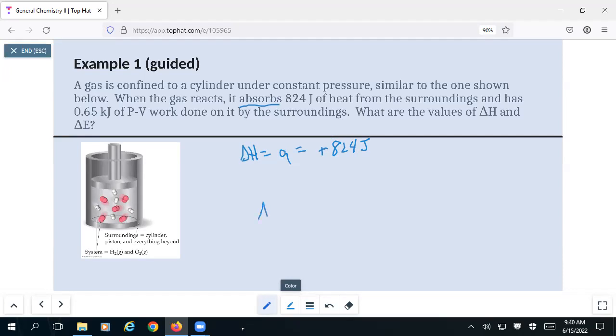Now for delta E, it is equal to heat plus work. We've already established that the heat is positive 824 joules. The work is 0.65 kilojoules.